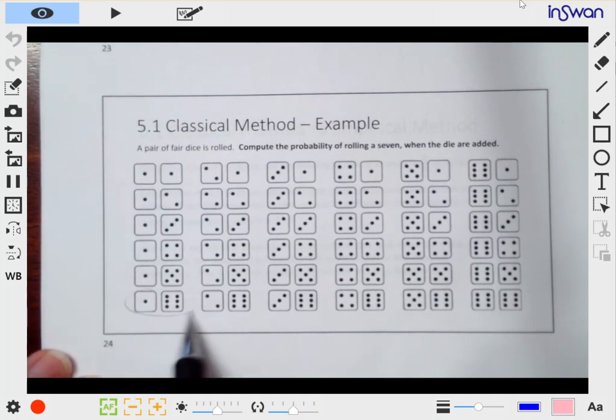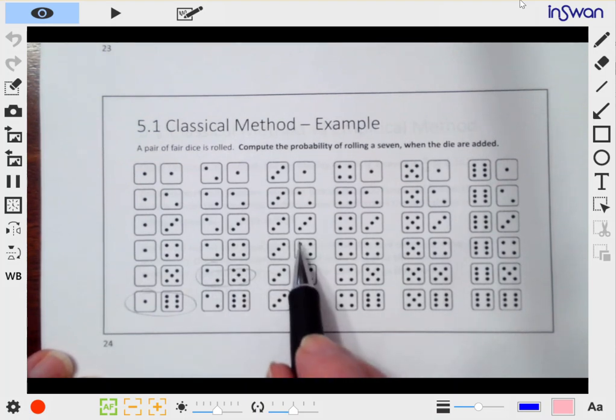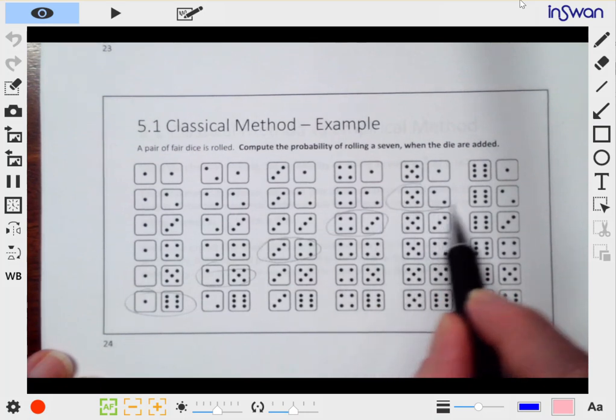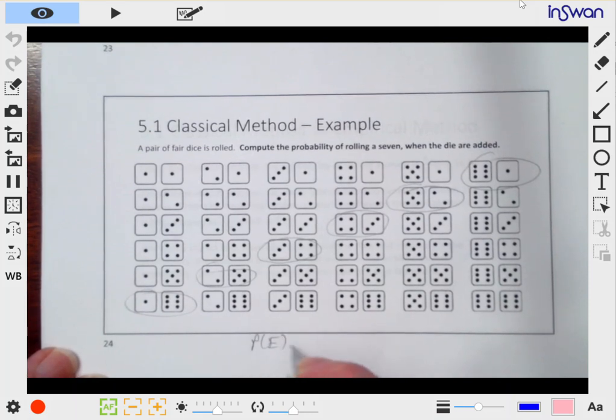But you can see we have a 7 here. In fact, in each row we have a 7, and they actually form a diagonal. So P of E, we said, is equal to N of E over N of S.